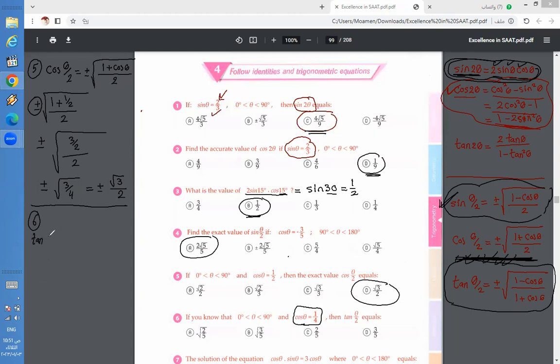Substitute means positive or negative, then the half of the angle will be equal to positive or negative square root of 1 minus cosine, a quarter, over 1 plus a quarter.